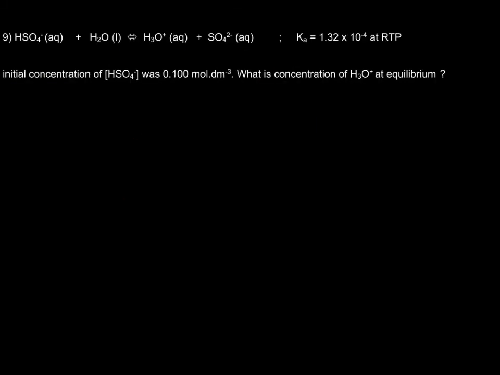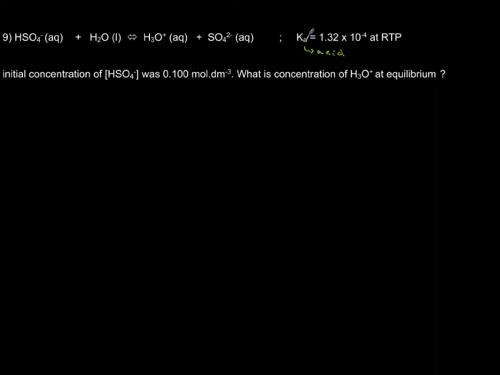Finally, the last question, because after this topic I'm going to teach you acids and bases. I have hydrogen sulfate, with a minus on top, aqueous, plus water liquid, giving me hydronium ion, which is an indicator of an acid, aqueous, and sulfate ion. A is for acids; K equilibrium could be Kb for a base, Ka for an acid.